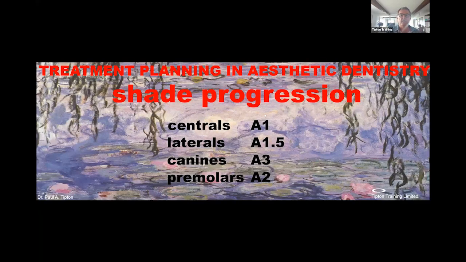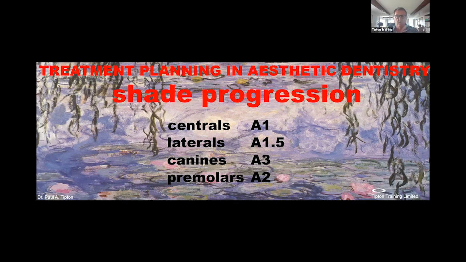And we can also do it front to back. And we do it front to back by changing the color slightly. So the central is A1, lateral is A1.5, canine's A3, premolar is A2. Now, as soon as you go and get a shade tab and say to a patient, okay, there's your shade color, that's A3, the patient's first response is going to be, that is too dark.